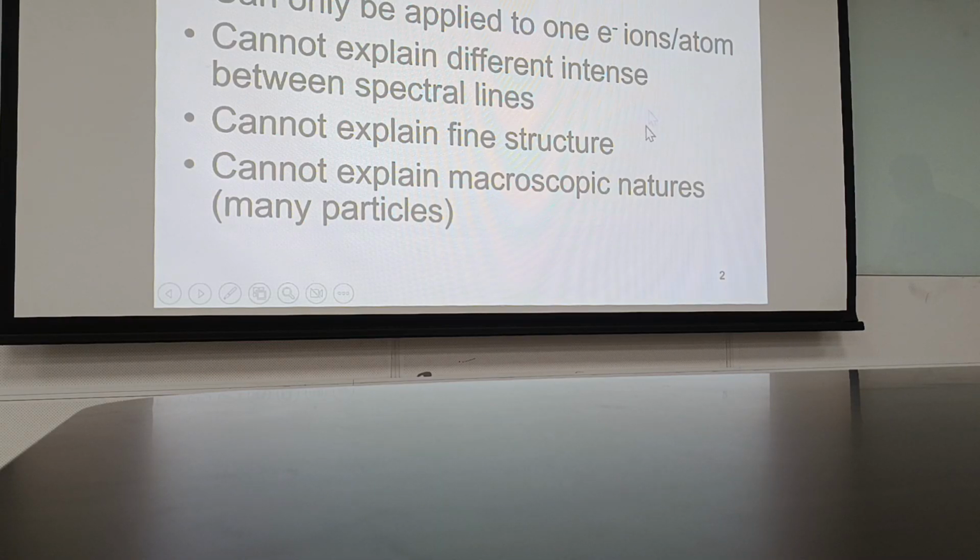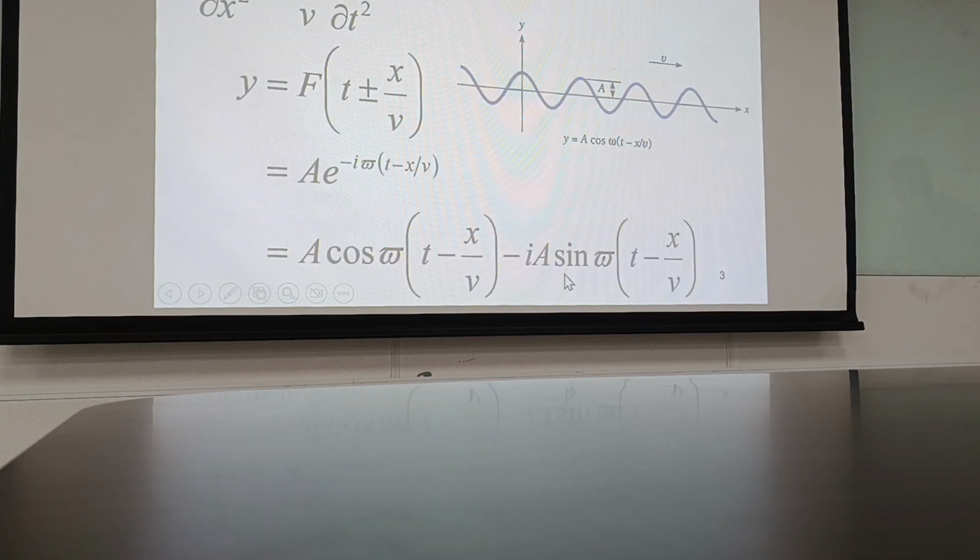And all these problems we will explain later. Okay, and we know that this is classical dynamics. If I have a wave, which you may have learned in high school or in fundamental physics, then we can write it in this format. And this format is also equal to this.